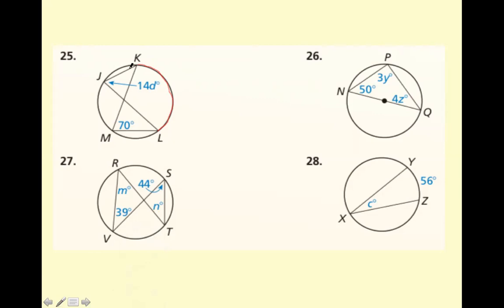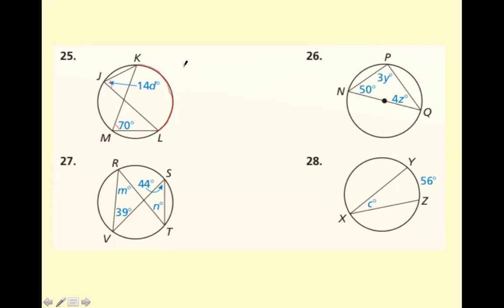I notice this angle here also intercepts that same arc, which means if this is 140, then 14D would have to be equal to half of that. In other words, 14D has to be the same as this angle. So I can mark these two angles as congruent because they're intercepting the same arc.